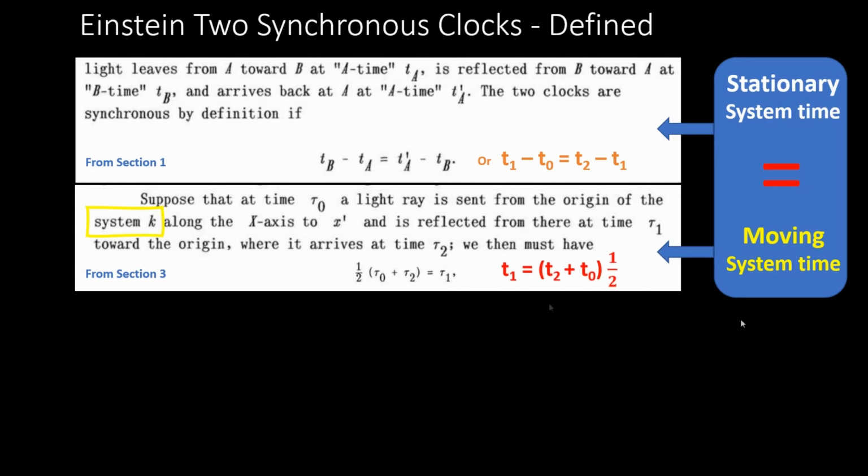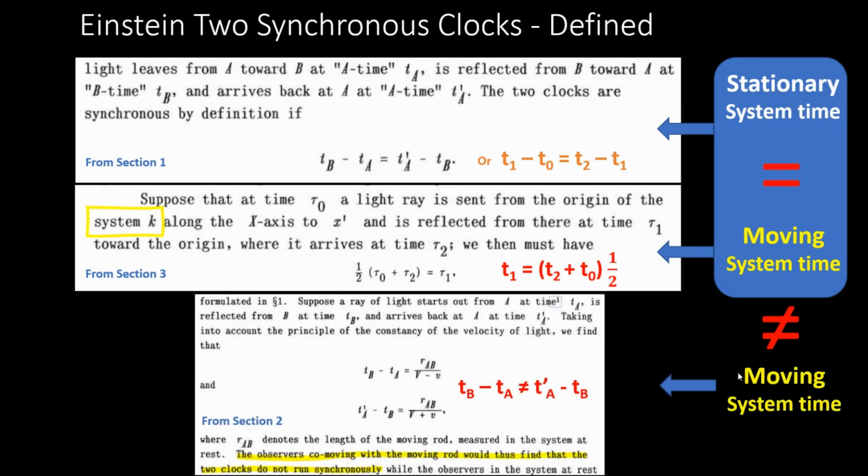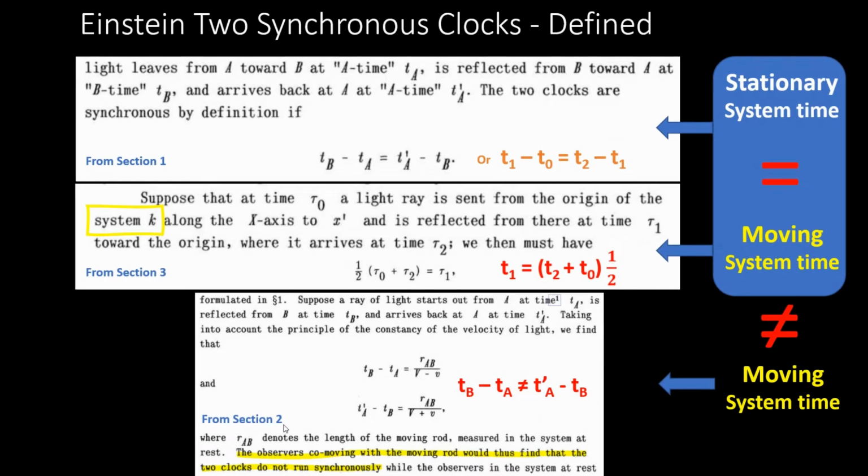Now he just got done telling us that the moving system will not have synchronized timing. This is what we just got done discussing. In section 2, observers in the moving system find that the 2 clocks don't run synchronously, and we get this time interval not equal to this time interval.